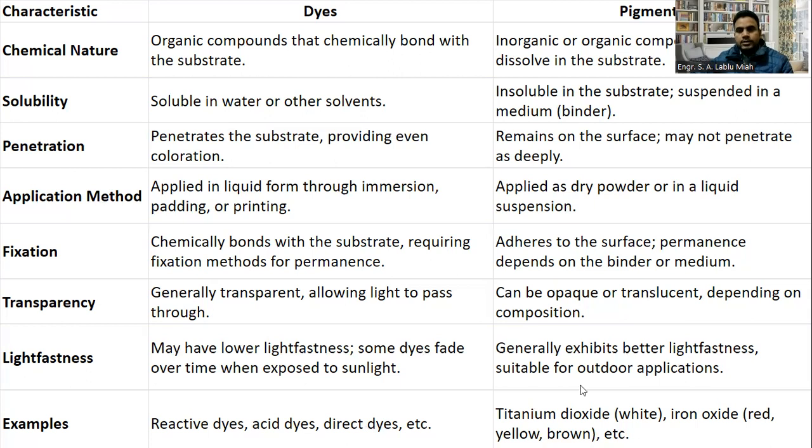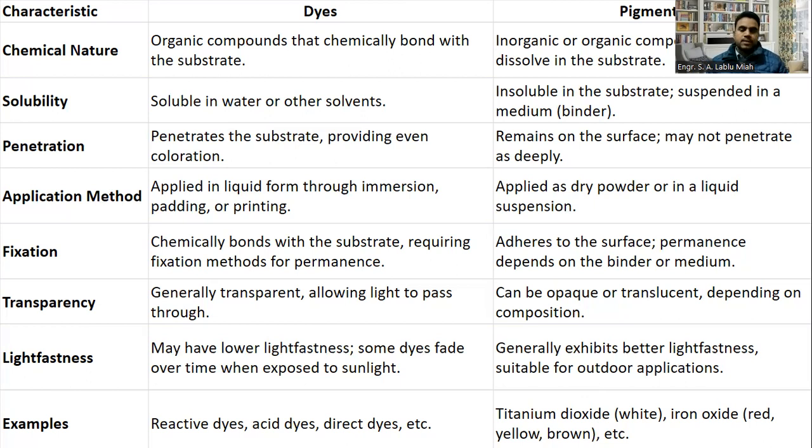And in case of pigment, we have titanium dioxide, iron oxide, etc. So basically, dyes and pigments are very popular in the textile industry, but there are some use differences between these two.